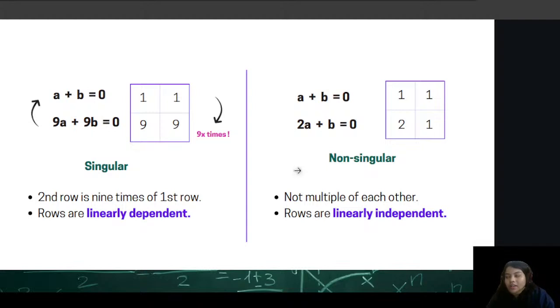As I said before, the system of sentences is the concept of how the system is informative or not, and how it tells us whether it is singular or non-singular.